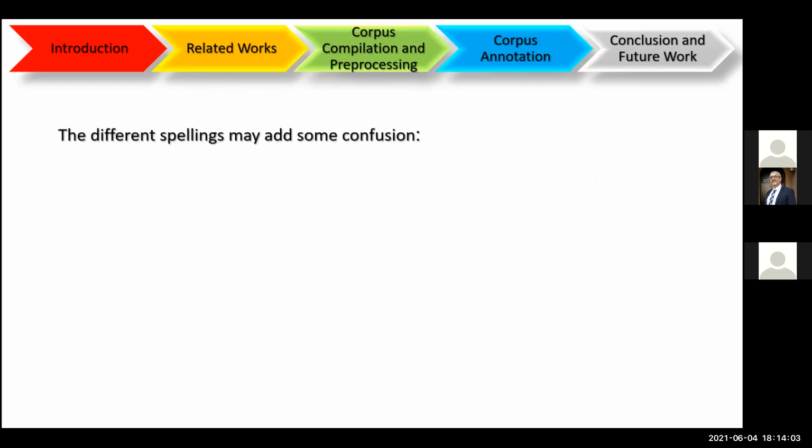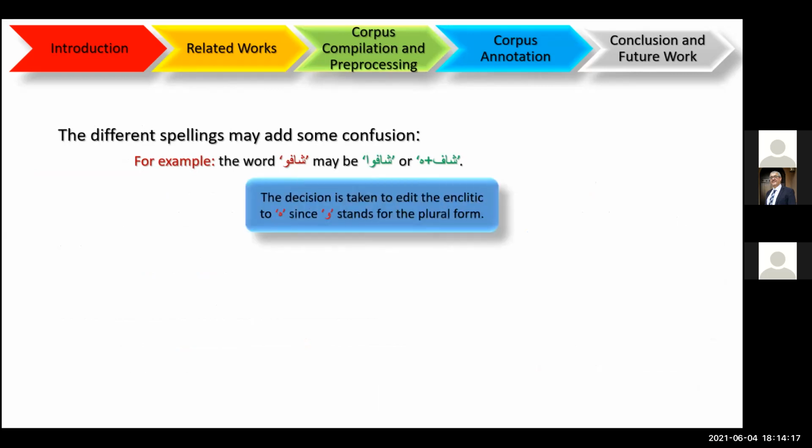The different spelling may add some confusion in EG writings, for example the word shafu may be shafu, they saw, or shafu, he saw it. The decision is taken to edit the enclitic of shafu to be ha, since wa stands for the plural form.